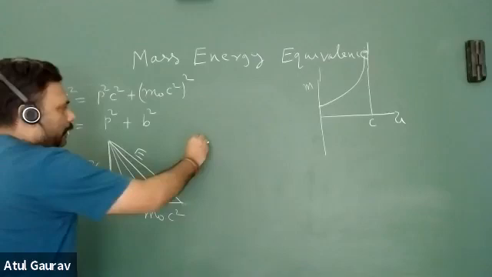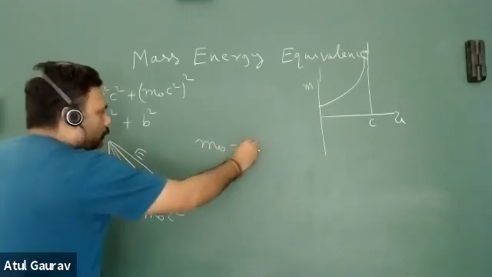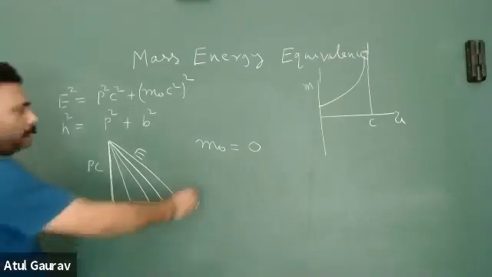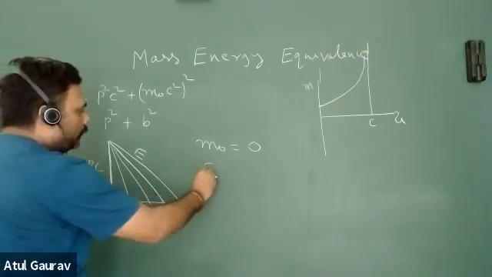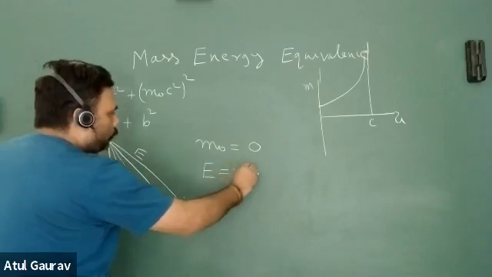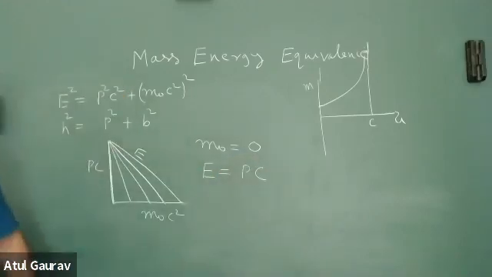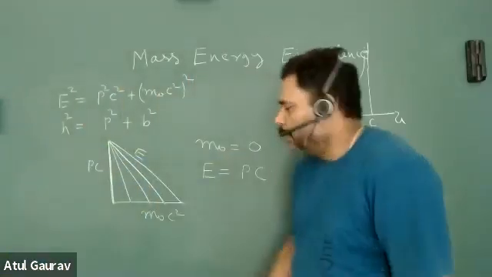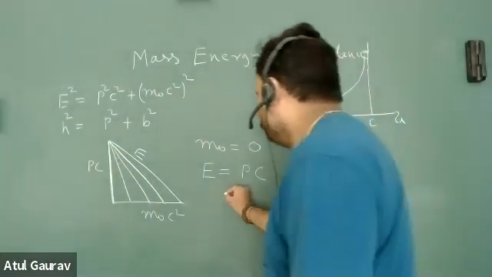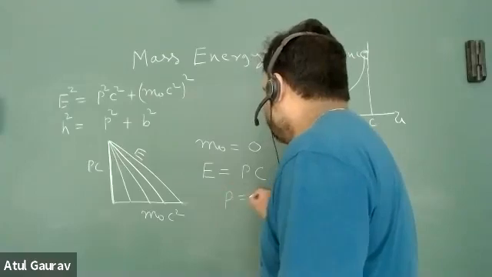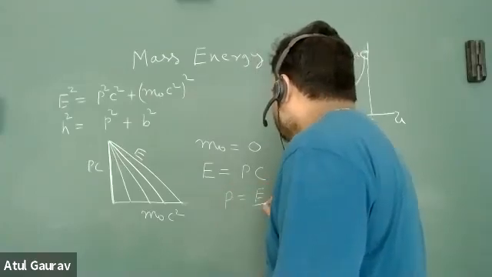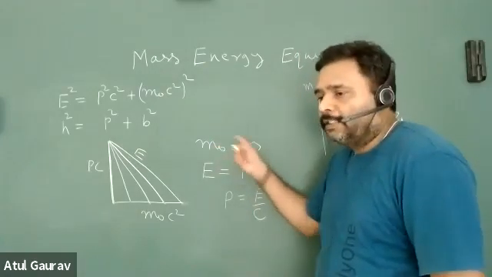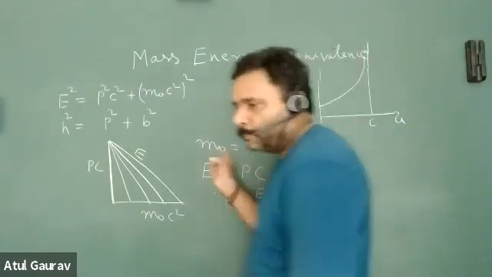So when my rest mass m naught is equal to 0, what do we have? We have a wonderful expression, E is equal to P into C. And here we have the concept of momentum, and that momentum is E upon C for those particles whose rest mass is 0.